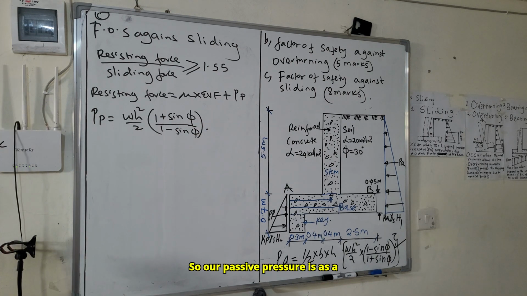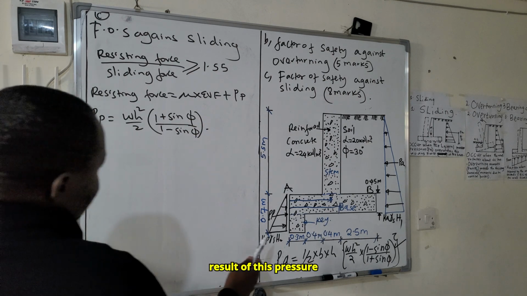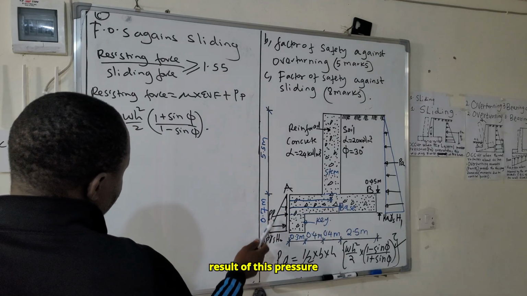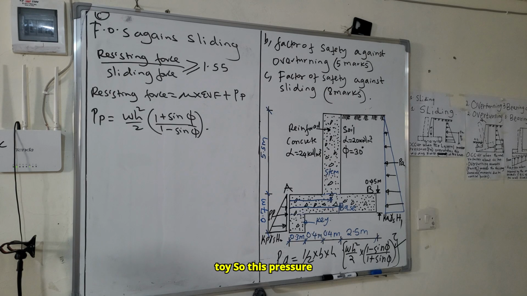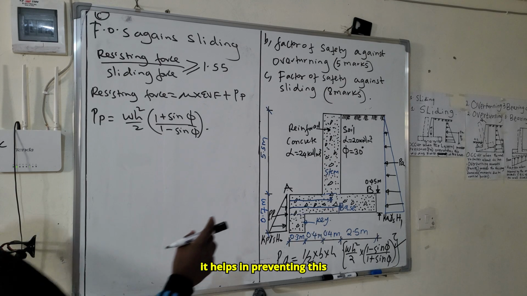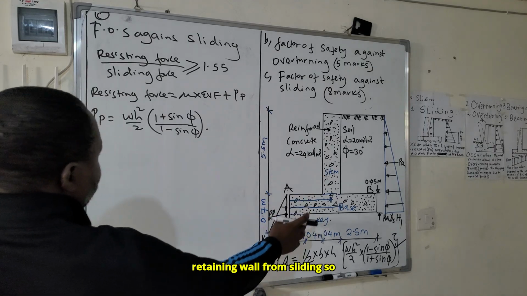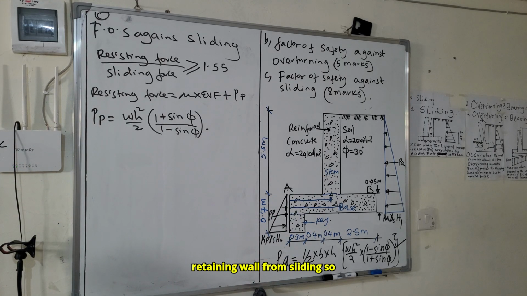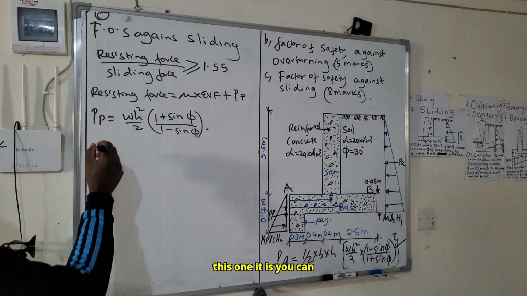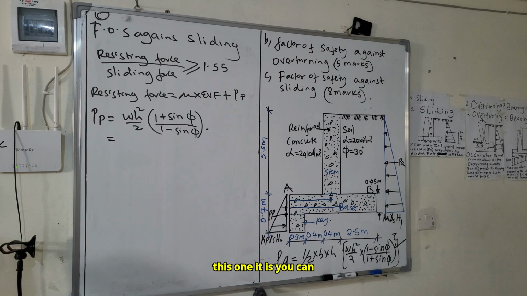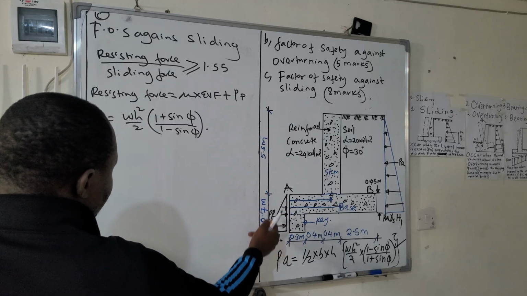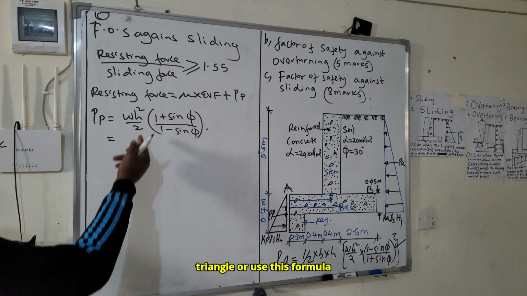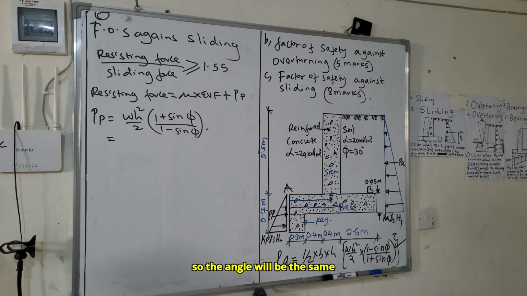So our passive pressure is as a result of the pressure at the toe. This pressure helps in preventing this retaining wall from sliding. You can either calculate the area of this triangle or use this formula. So the answer will be the same.